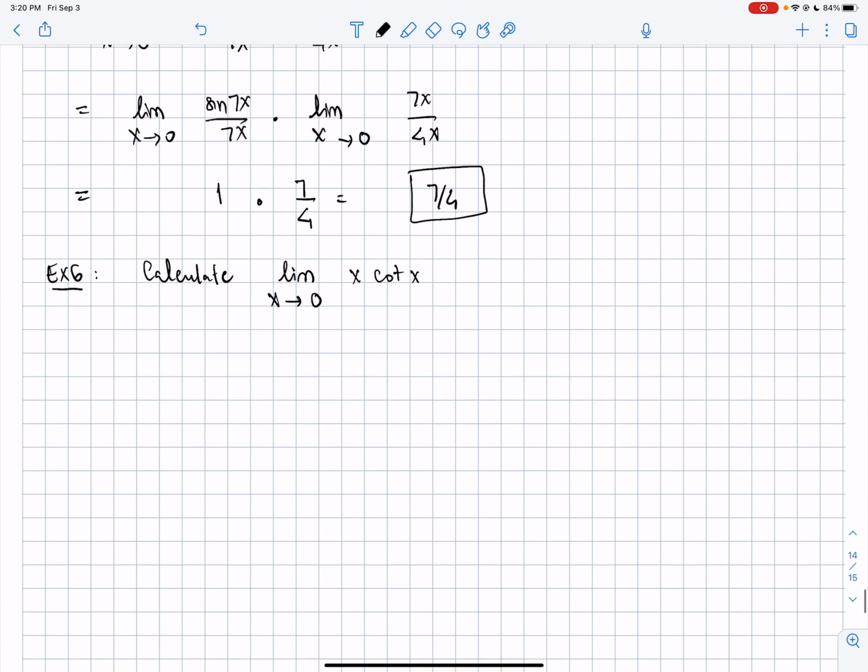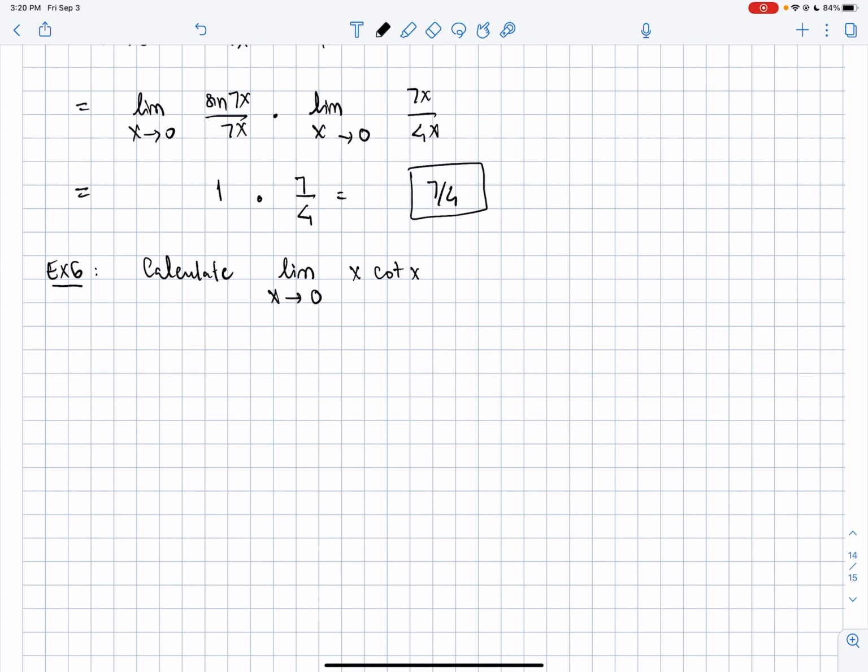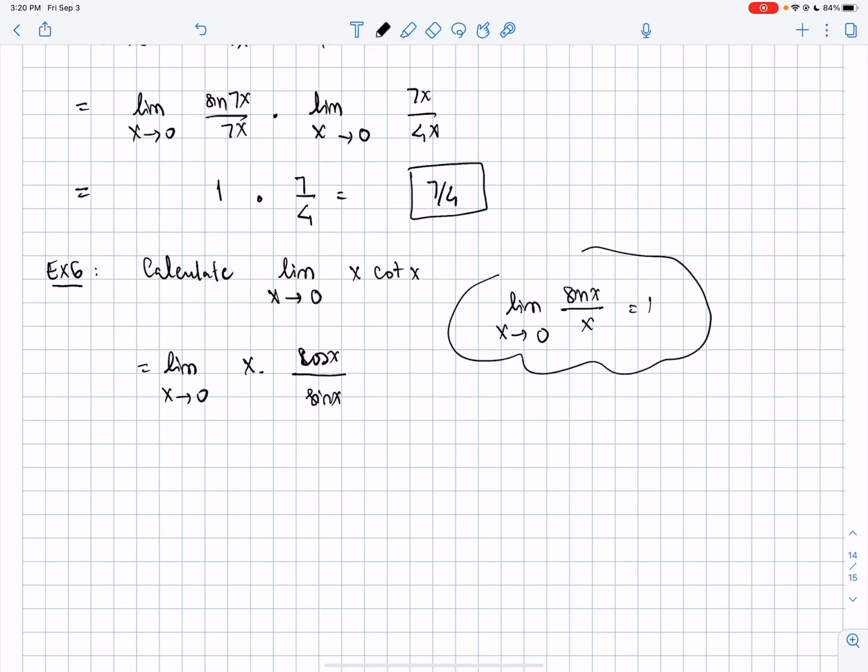Example number 6, we will rewrite the cotangent as cosine of x divided by sine of x. And now we notice that we have sine of x again. If we have sine of x over x as x approaches 0, the answer will be 1.